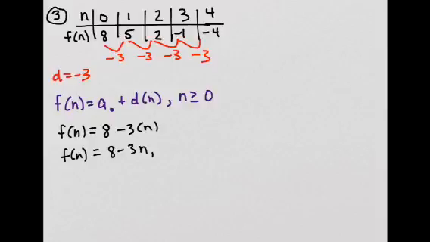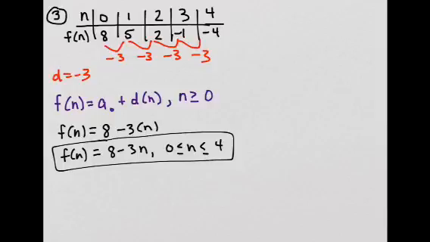And so n is between 0 and 4, including 0 and 4. Okay, so this would be the explicit.